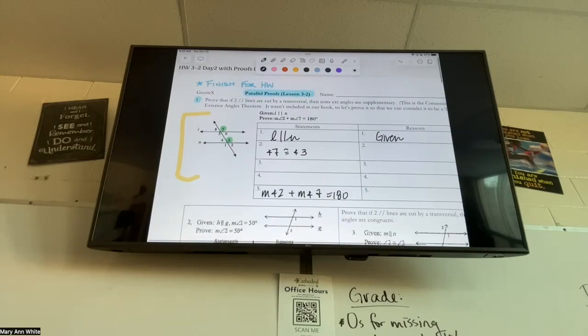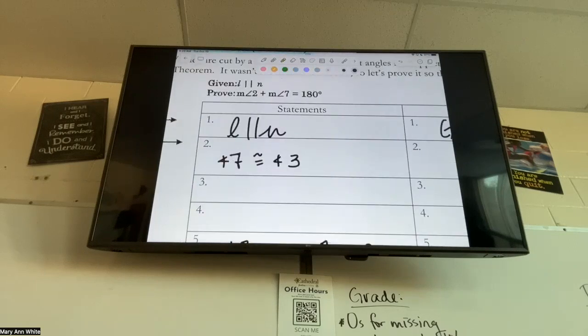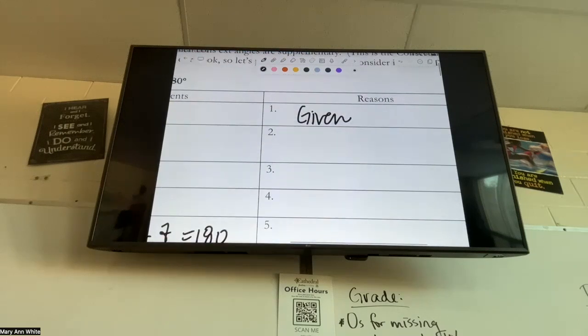And we're going to say the whole statement: if lines are parallel, then corresponding angles are congruent. They told us that the lines were parallel right here. So because we know those lines are parallel, that's why I'm starting my next statement with: if lines are parallel, then corresponding angles are congruent.